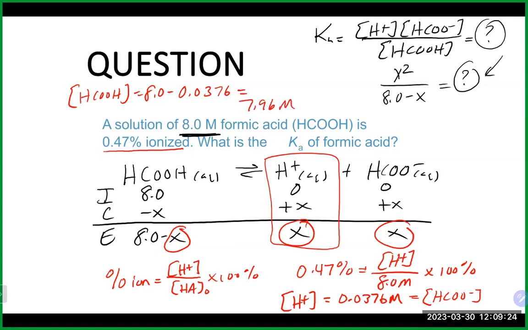Now we have everybody that we need. We have the concentration at equilibrium for this one, this one, and this one. That's going to allow us to put all those numbers into our Ka expression and get an actual number.